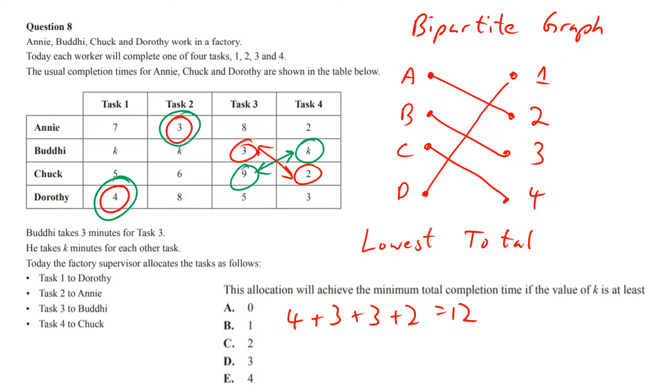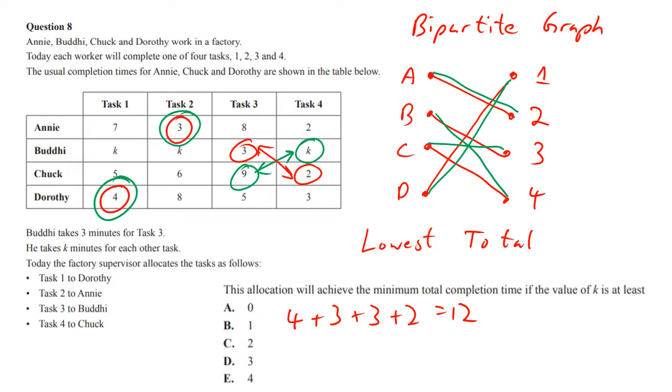Dorothy still gets number 1, and Annie still gets number 2, but we had to swap a pair. So instead of B getting 3, B has got 4, and instead of C getting 4, C is now getting 3. So we just swapped a pair. And that's what I'm trying to show with these arrows.